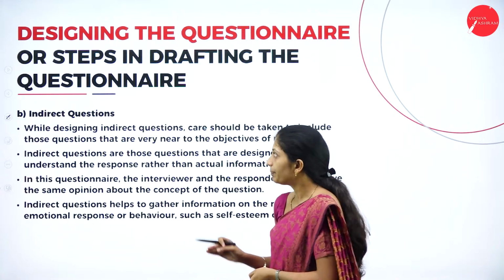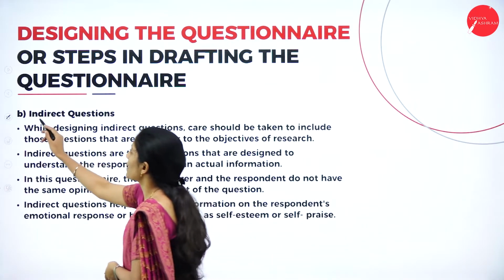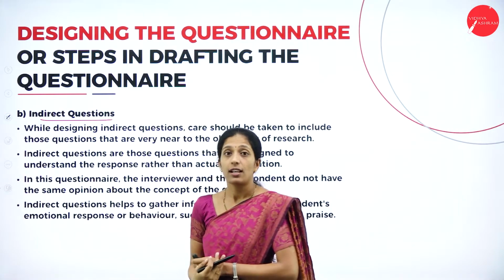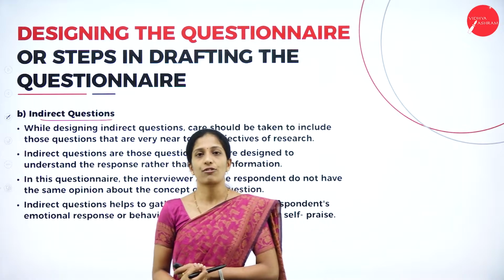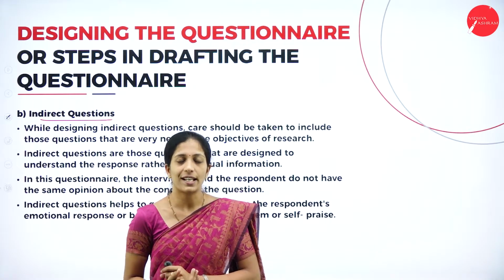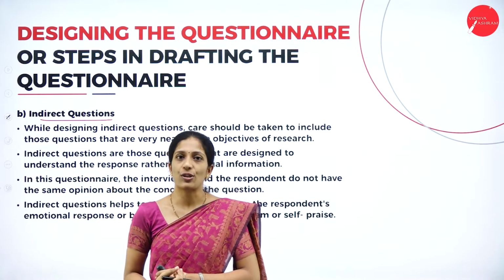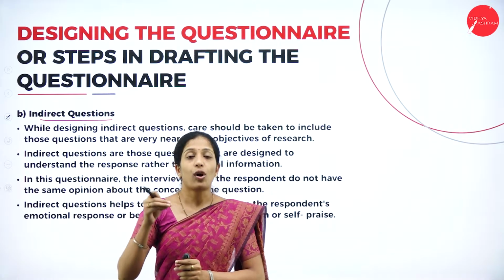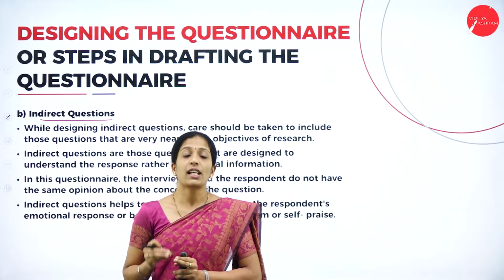Next, the second type is indirect questions. Here, the researcher wants information on a particular topic, but he is not going to ask the questions directly. Indirectly he is going to ask the question because he wants the answer in depth.